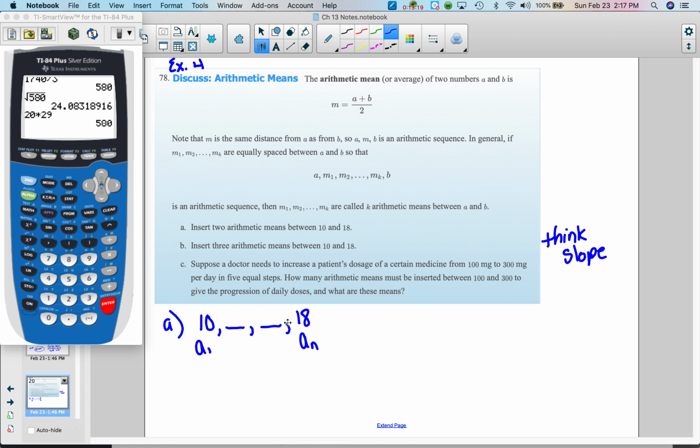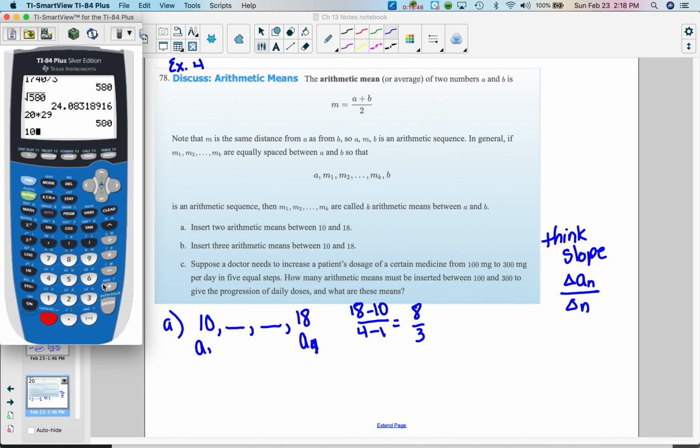So if I'm thinking about the slope, I would be taking the change in a sub n over the change in n. So I'm going to look at 18 minus 10 over, I'm sorry, I called this a sub n, but we can specifically call it a sub 4. And then this would be 4 minus 1. So I get 8/3. So that means that's going to be my common difference I would have to use in order to have this work.